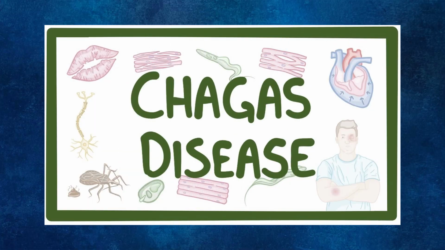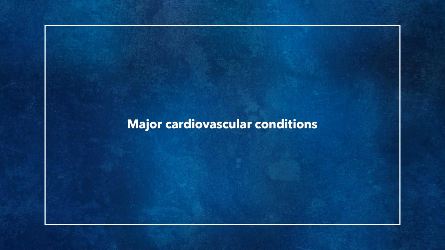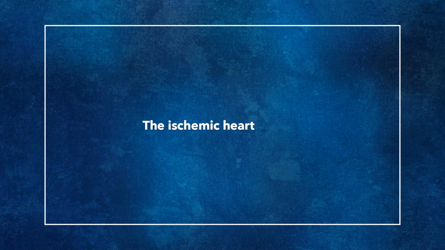Because of the scope of this volume, the regional rather than the global nature of some inflammatory diseases like Chagas disease and the congenital abnormalities or genetically based cardiomyopathies for which there are still few preventative and therapeutic options. Let us discuss major cardiovascular conditions one by one. Starting with the ischemic heart disease.